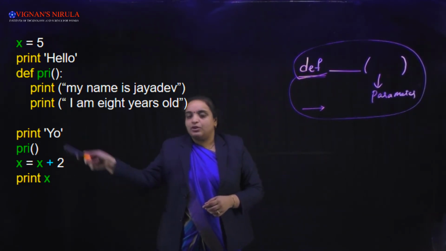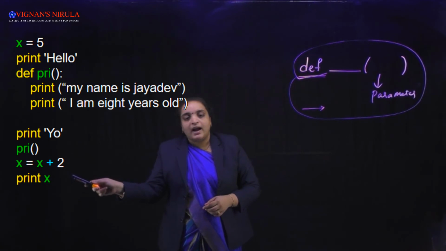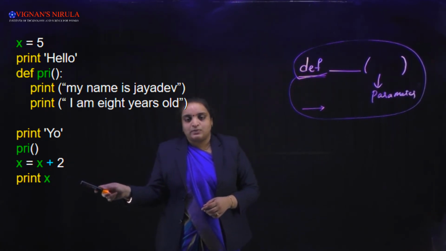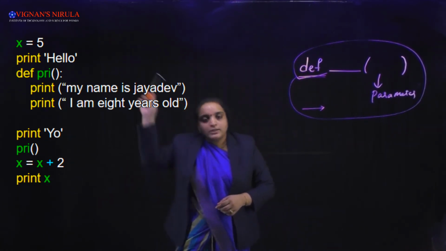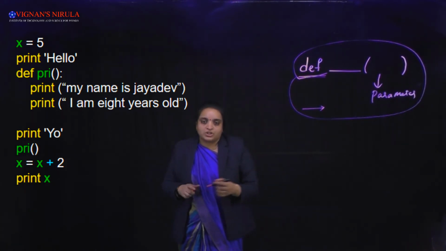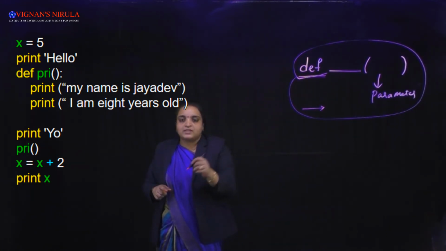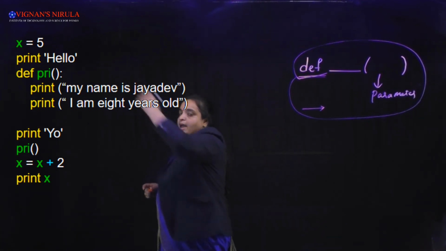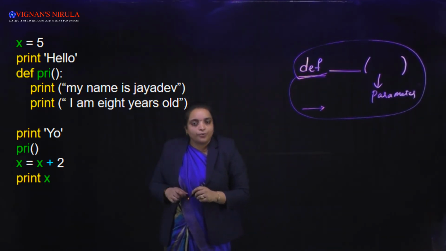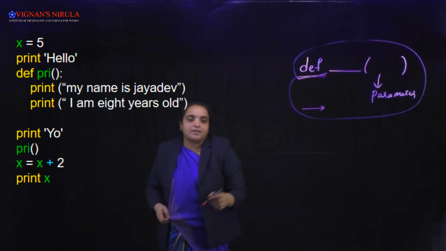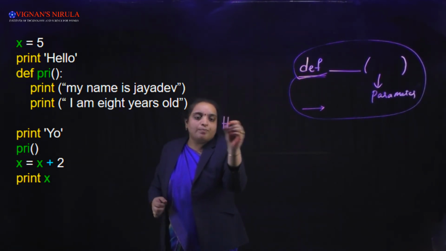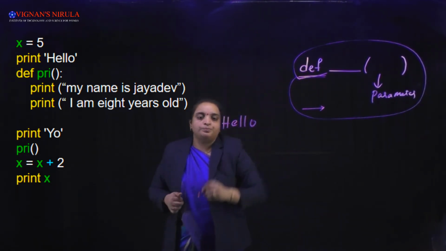Then it will come to the function again and it will execute x equal to x plus 2 and it will print the x. Let us do this logic once again. So what is the output of this program? First, initially it will take x is equal to 5. Then it will take the print statement. So what is the output that we have printed? That is hello.